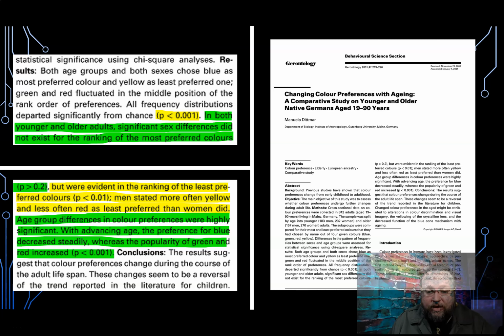But what they found next was that there was evidence in the ranking of the least preferred colors. So for the most preferred, gender didn't play a role, but for the least preferred, something came up, and the probability that the difference was by chance is less than 1%, is what they're saying there.